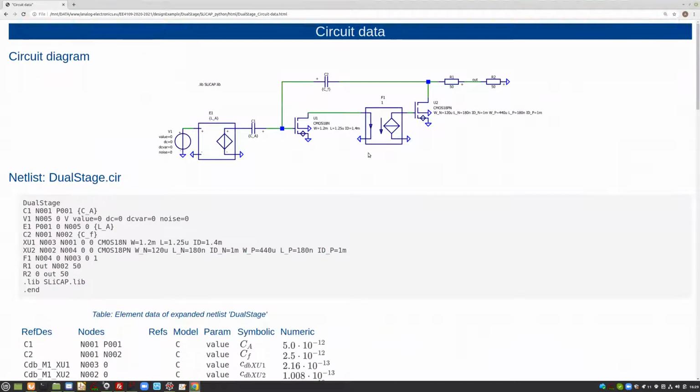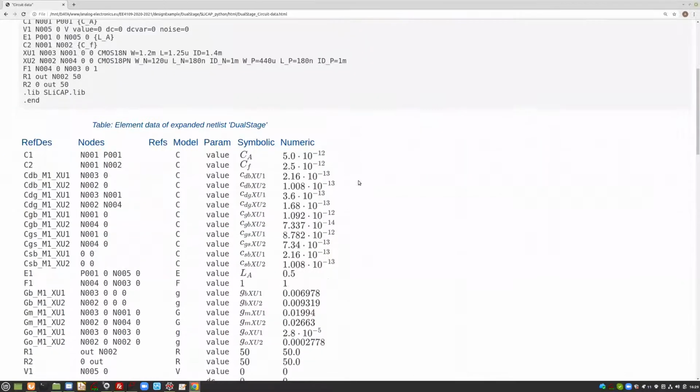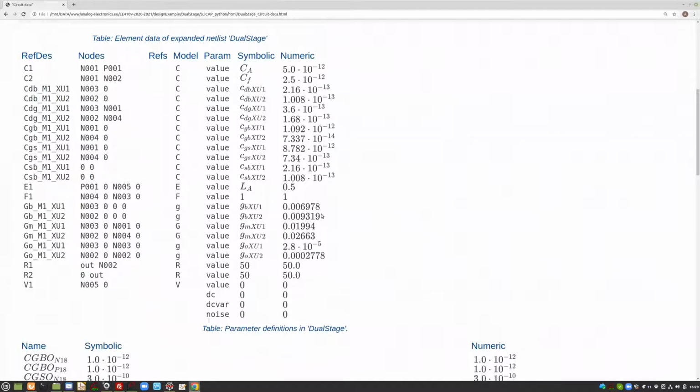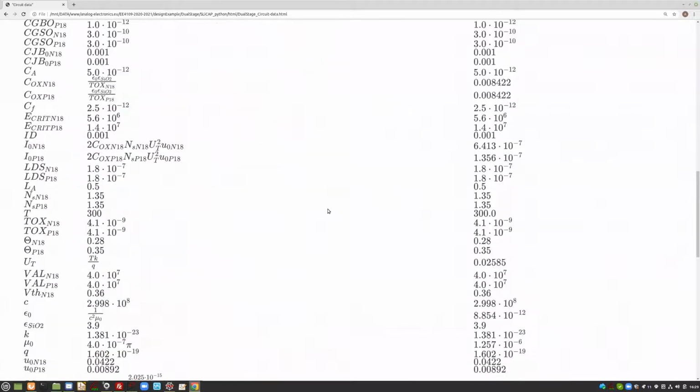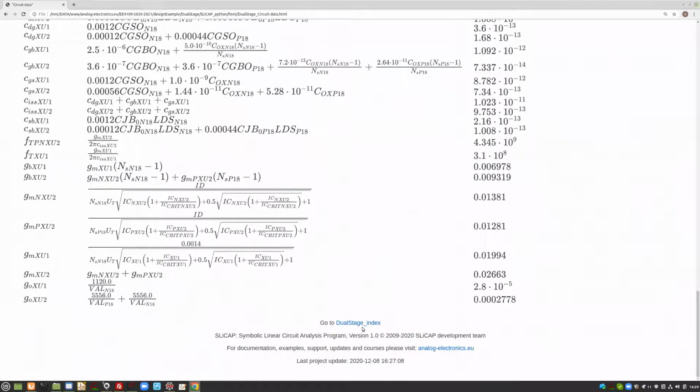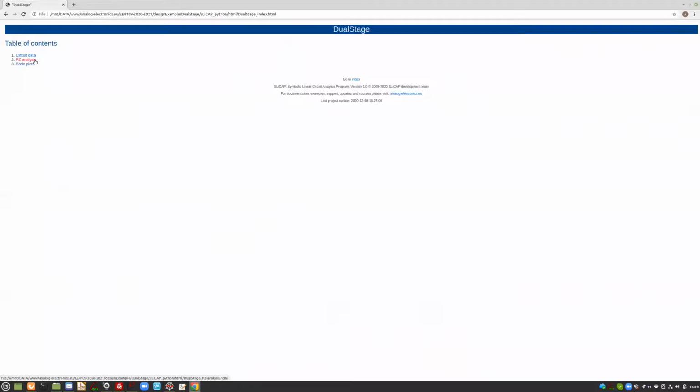That is exactly what I've shown you on the sheet, the netlist, and then you find here all inversion coefficients and stuff and the small signal parameters, etc. I will go to that later if we need it, but at this point it is not important. So we just go to the pole zero analysis.